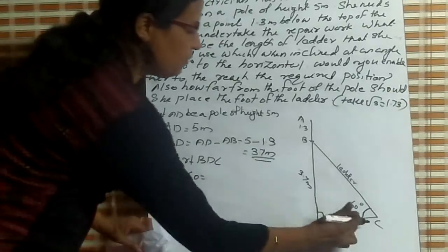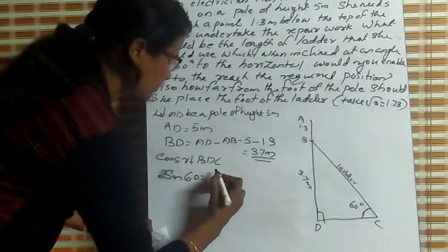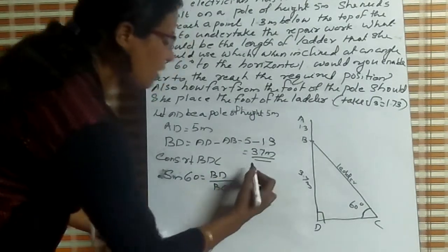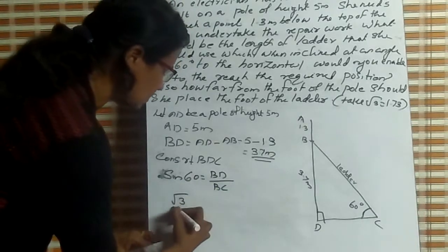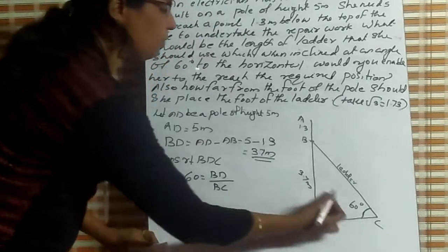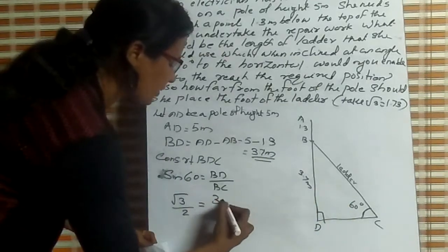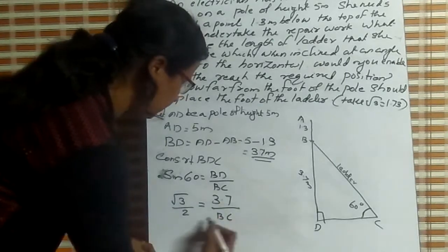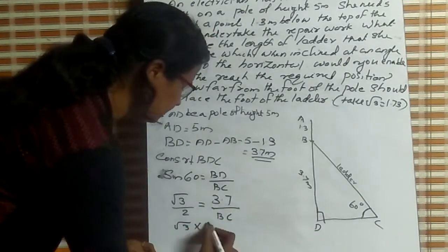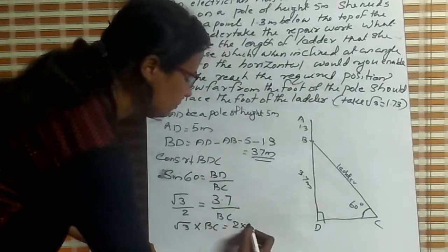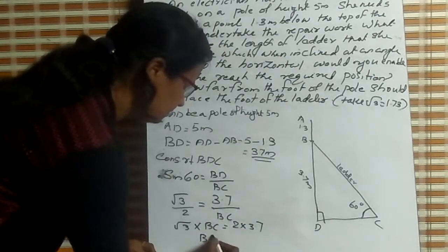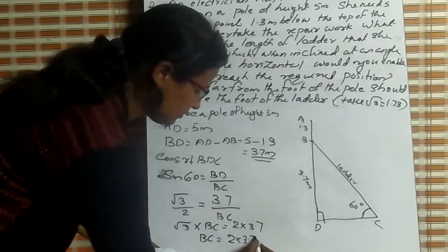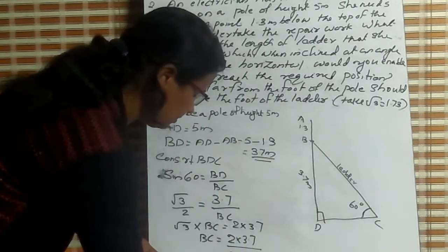Sine 60 is equal to opposite side by hypotenuse, BD by hypotenuse BC. The value of sine 60 is root 3 by 2, equal to 3.7 divided by BC. Cross multiplication, root 3 into BC is equal to 2 into 3.7. So BC is equal to 2 into 3.7 divided by root 3.